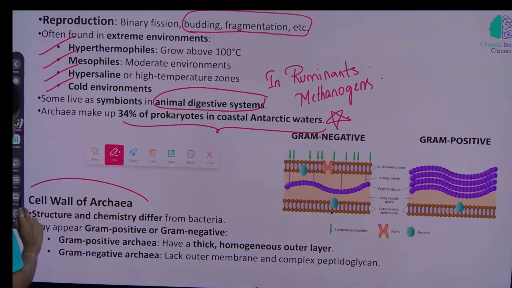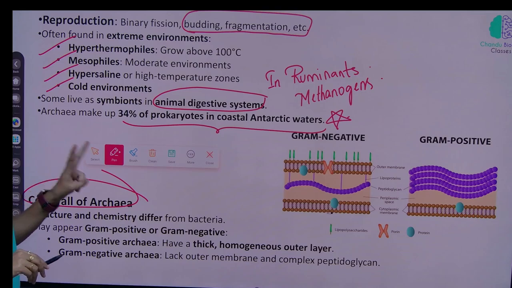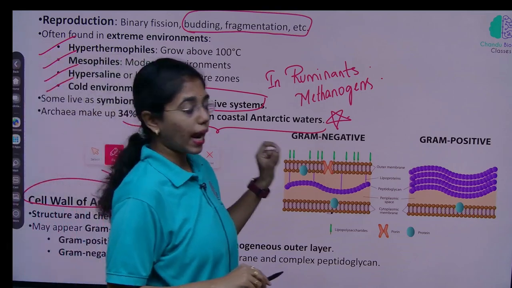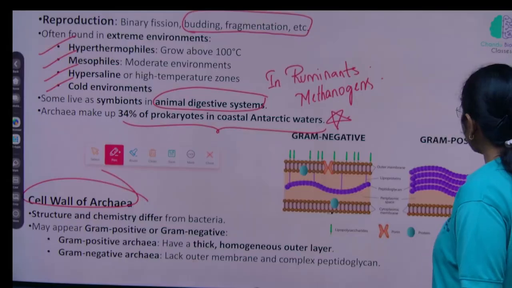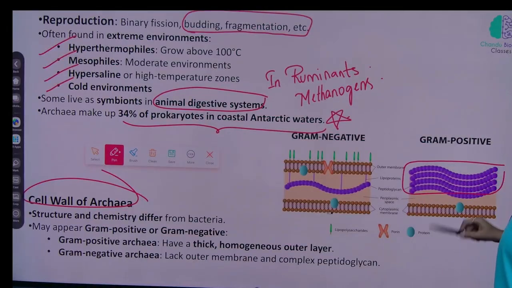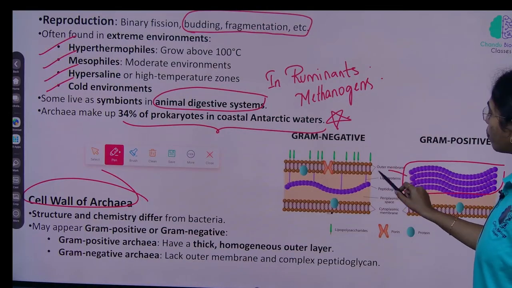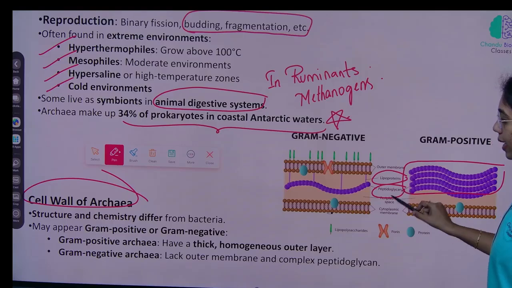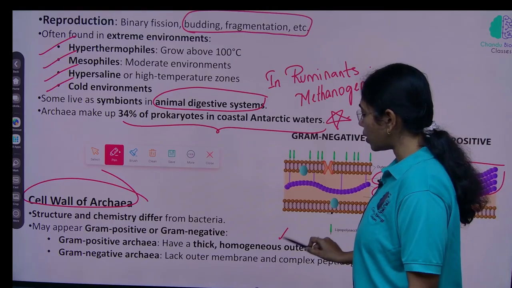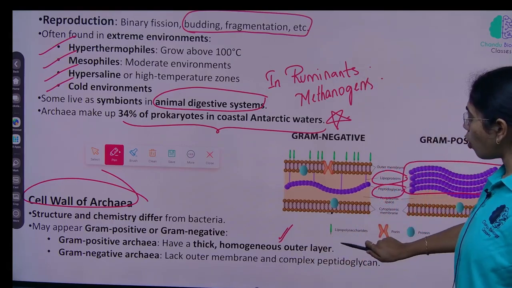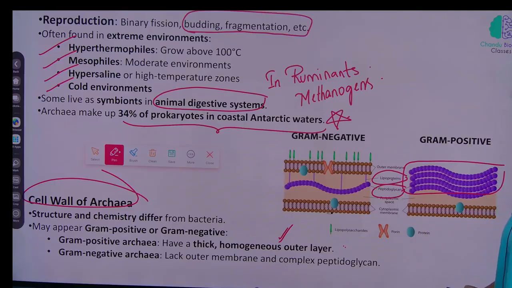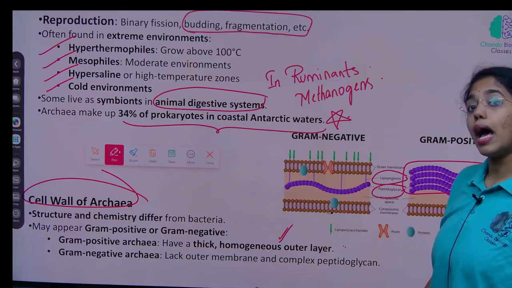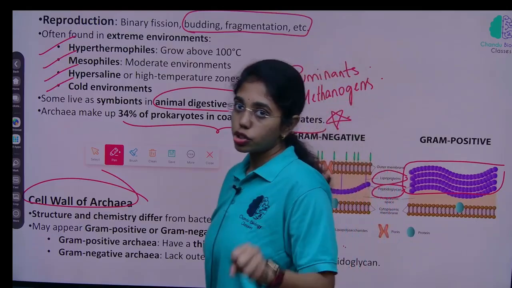When you look into the cell wall composition of archaea, we have two types of cell wall. One is gram positive and one is gram negative. Gram positive, here you can see in the cell wall there is a high amount of lipoproteins and peptidoglycans. A thick homogeneous outer layer is present, composed of lipoproteins and peptidoglycans, which will retain the stain, which will absorb the stain strongly.